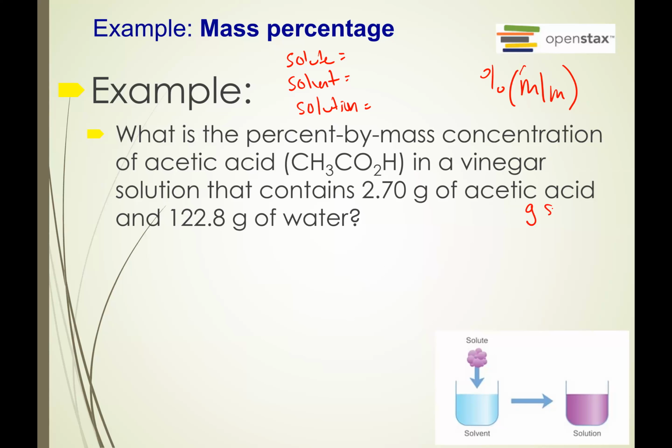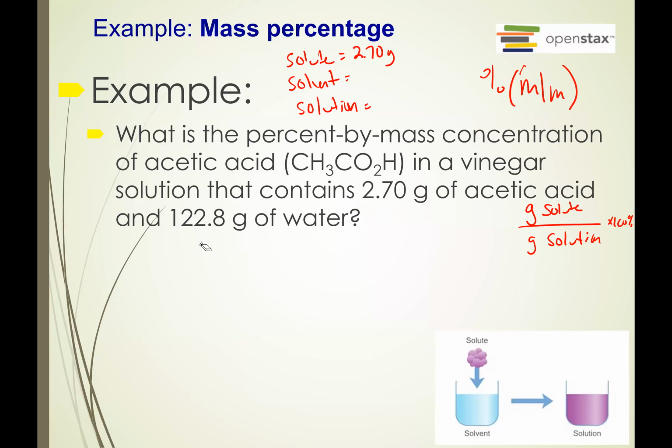It's always going to be grams of solute over grams of solution times 100%. Okay, what is the solute? The acetic acid, because the solute is the one there's always less of. So this is 2.7 and this is 122. Smallest one, always the solute. So our solute is 2.70 grams.